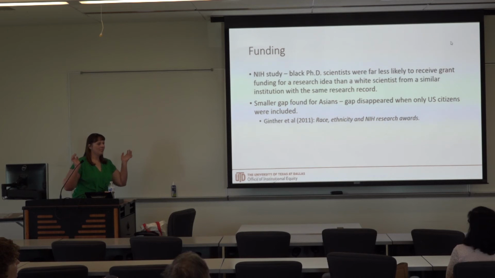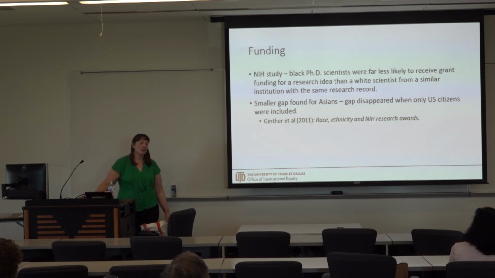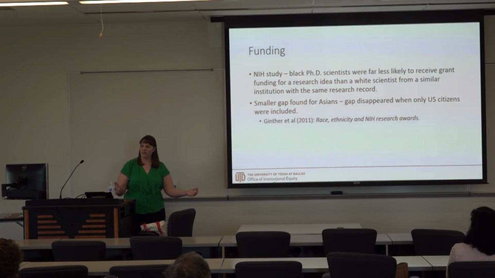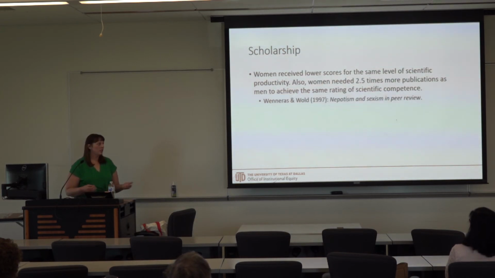Funding, something near and dear to all your heart, right? Black PhD scientists were far less likely to receive grant funding about a research idea than white scientists with similar institution and similar records. There was a smaller gap found for Asians, and when you're including Asians that are only US citizens, the gap disappears entirely. Scholarship.